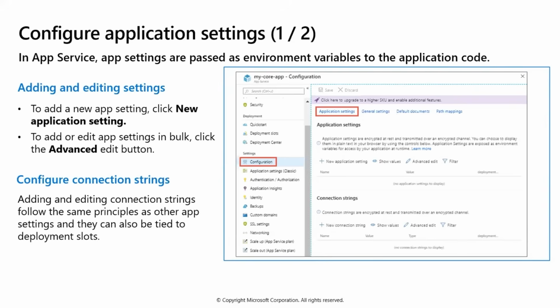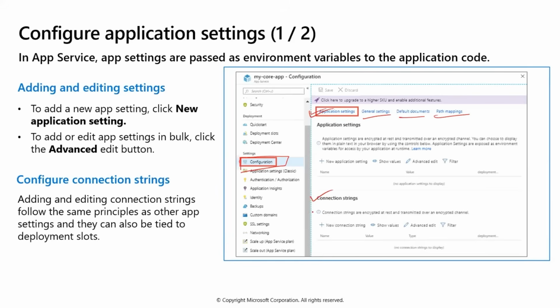Any tokens or any kind of sensitive data that you want to pass, you can just go to the Configuration part here, choose your application settings, and then add new application settings. This is naturally going to reflect in the actual application. In case you want to do any general settings, default documents, or path mappings, you can just do it.